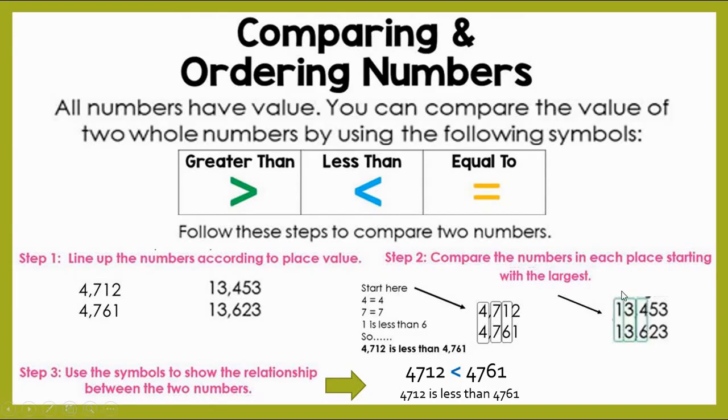At the third place from the left, here it is 4 and here it is 6. So 4 is less than 6. So here also you can say that 13,453, the first number, is less than the second number, 13,623. I have written it in words as well.